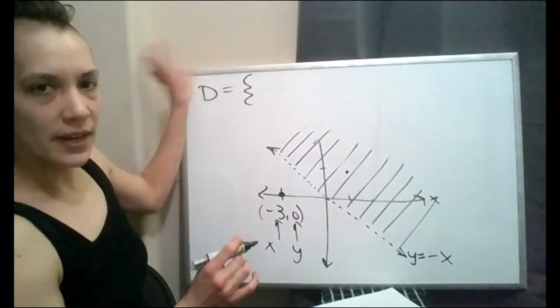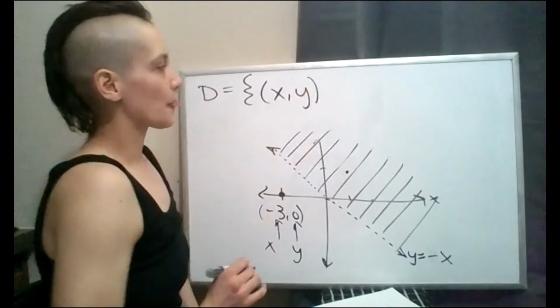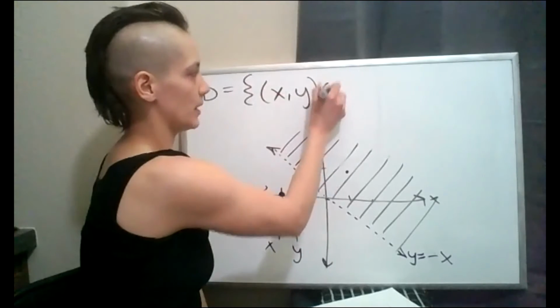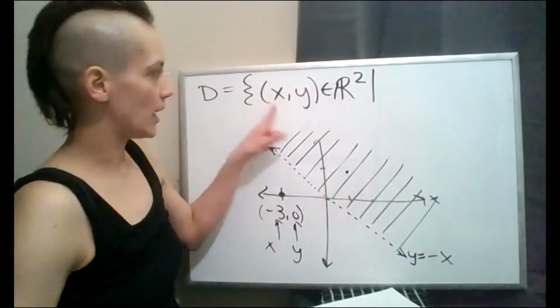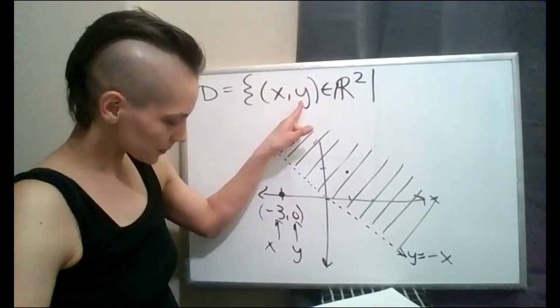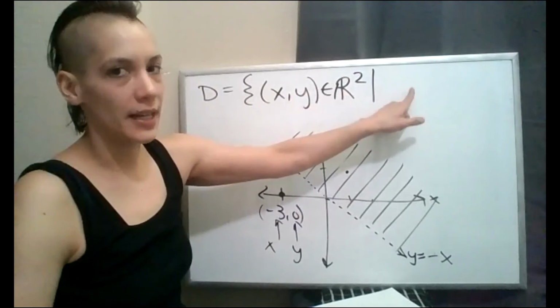Okay, we're gonna have pairs of x, y's, and this exists in R squared. We're gonna add this part to it. So x is in R and y is in R. Both of these numbers are real numbers, such that y is greater than -x.